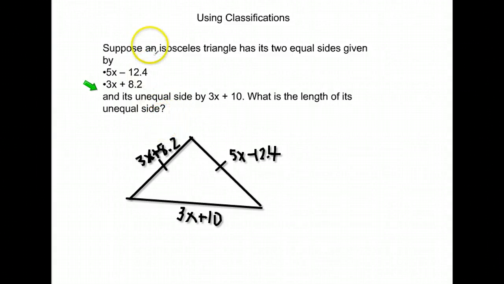All right, so we would go, okay, what does isosceles mean? It means we have two sides the same length, and those two sides are length 3x plus 8.2 and 5x minus 12.4. What equation can I set up, knowing that these two are the same length? What equation can I set up and then solve to find out what x is? So again, you go off of a property.